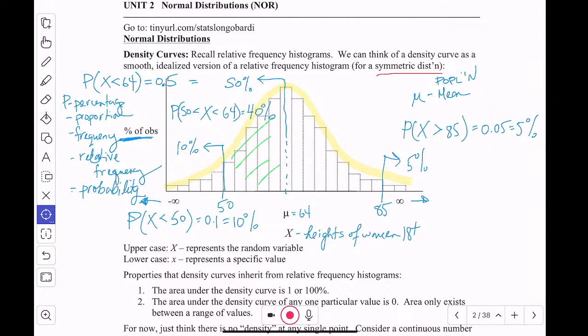I gave you these numbers, I made them up. Well, this one's known because it's in the middle. You can't really see it from the graph. So this is the population mean, but it's also the population median. And what's the other name for the median?